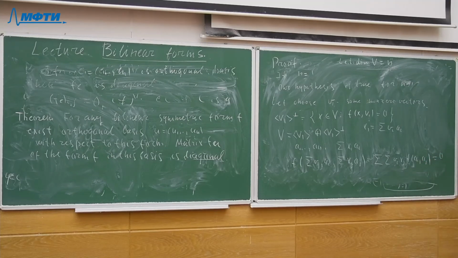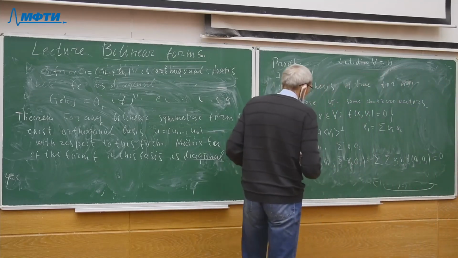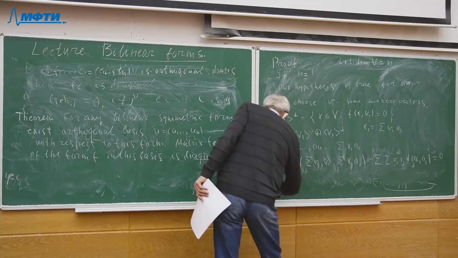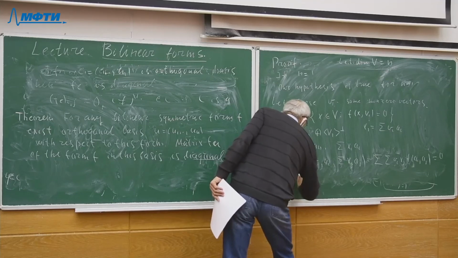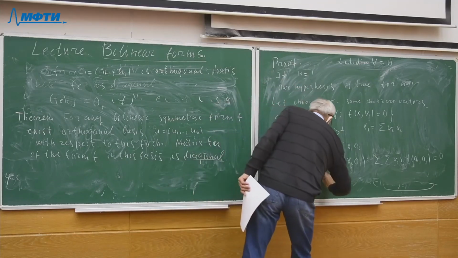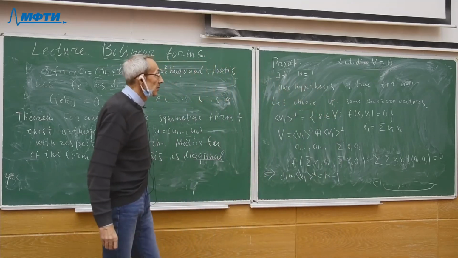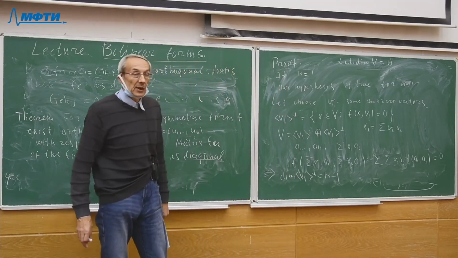The dimension of the space of solutions of such an equation is exactly equal to n minus 1. From this fact we obtain that the dimension of the orthogonal completion of the linear span of the vector v1 is equal to n minus 1.